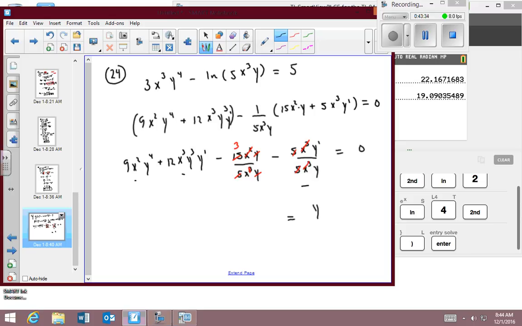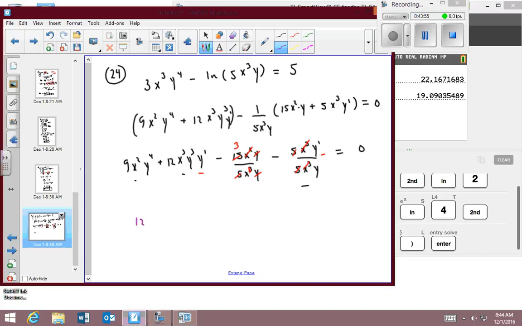I'm going to back up a row because I have a y prime here that I've got to combine with this y prime. So I'm going to leave those two on the left and then move everything else over to the right.